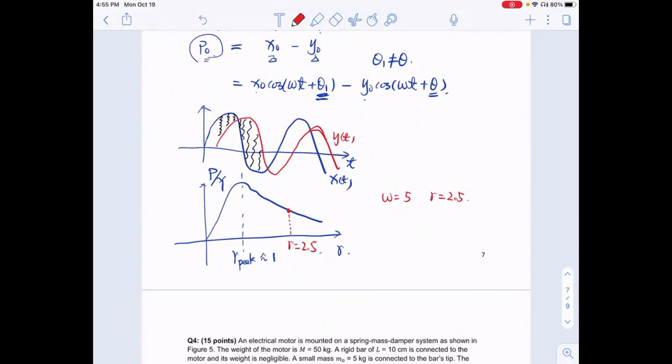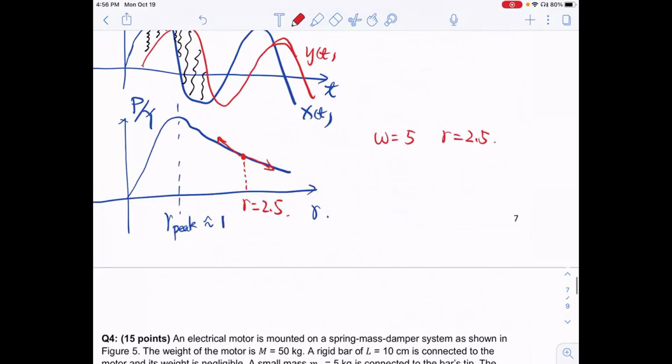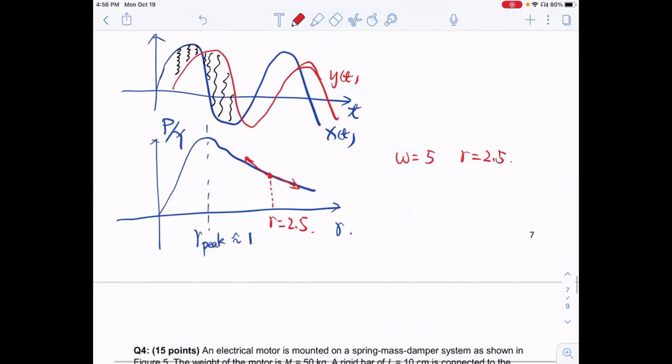You have the freedom to either increase it or decrease it, right? We already know that your input amplitude Y naught is a constant. So in order to reduce your P naught, you just need to minimize this transfer function. If you look at the curve, that means you need to go to the high frequency side. That's how you reduce the magnitude ratio.